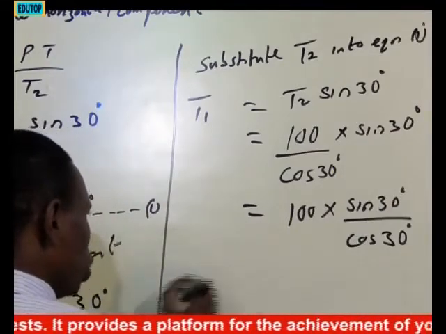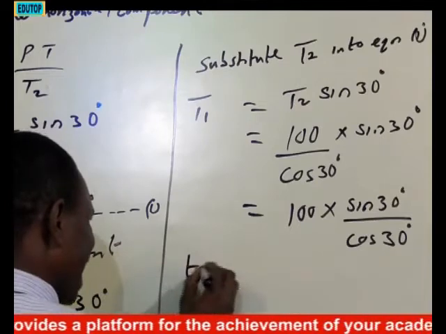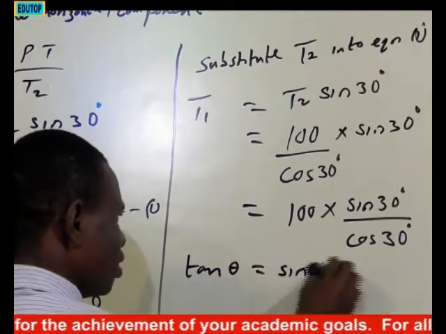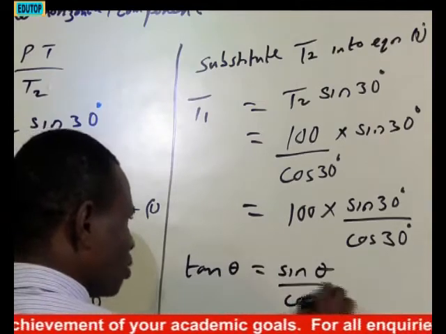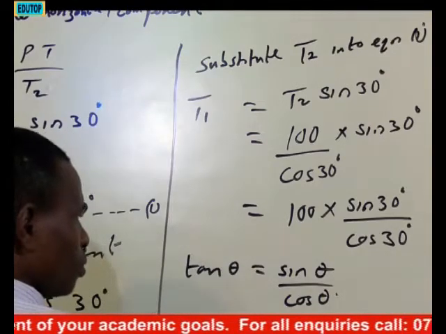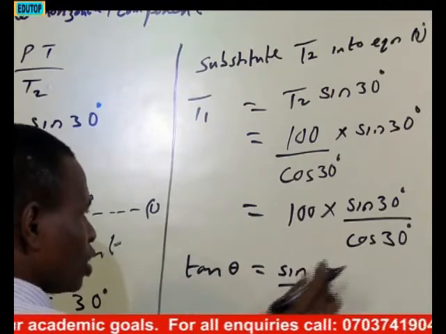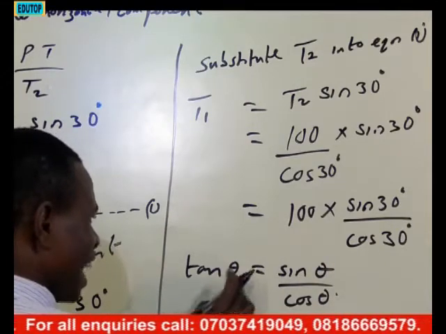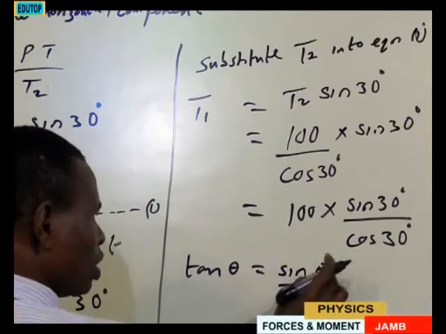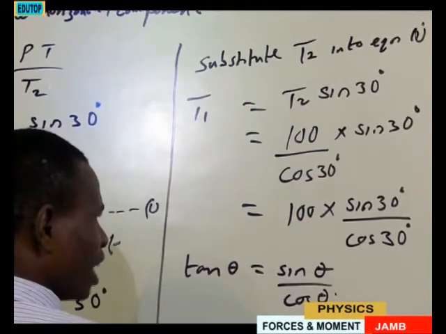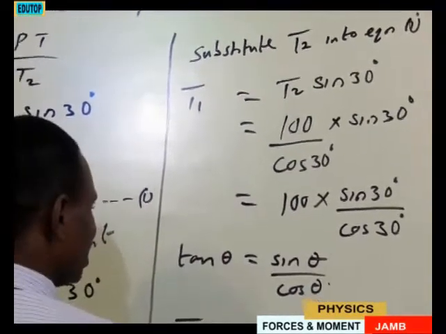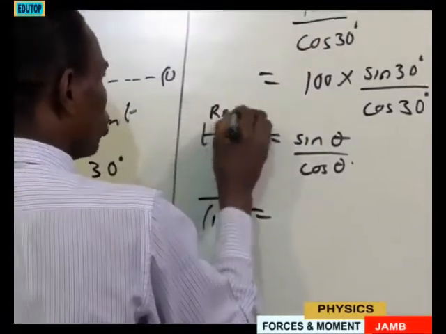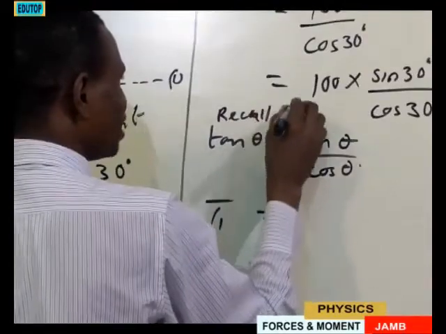You remember from trigonometry that tan theta is equal to sine theta over cos theta. Let's say tan 30 will be equal to sine 30 over cos 30. This is just to recall that.